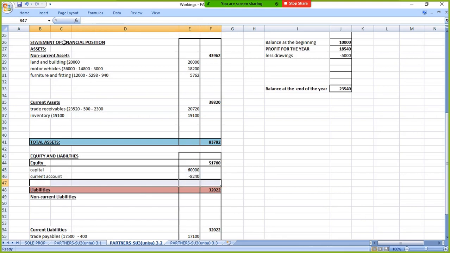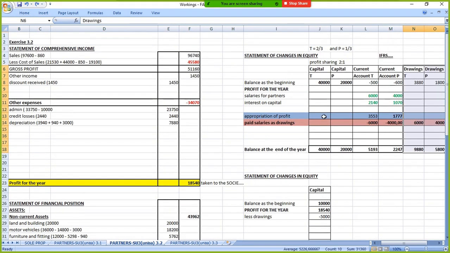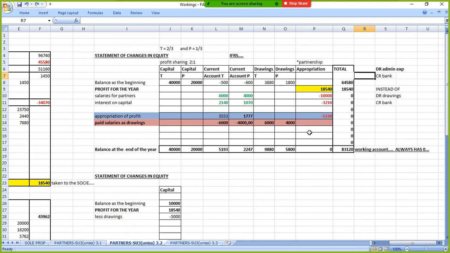I just wanted to know, if you go up to your SOC, when you paid salaries as wages, paid salaries as drawings, why is it negative?